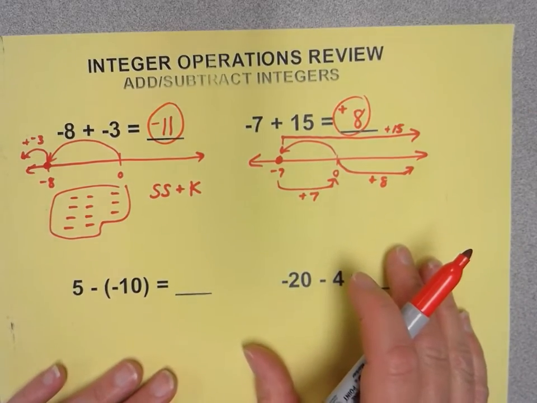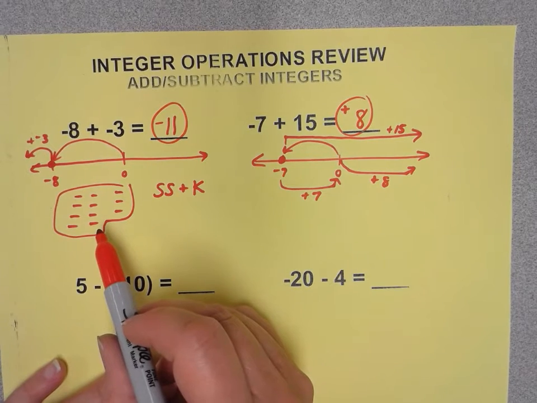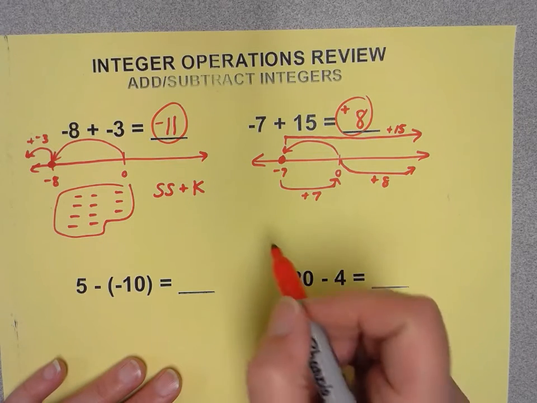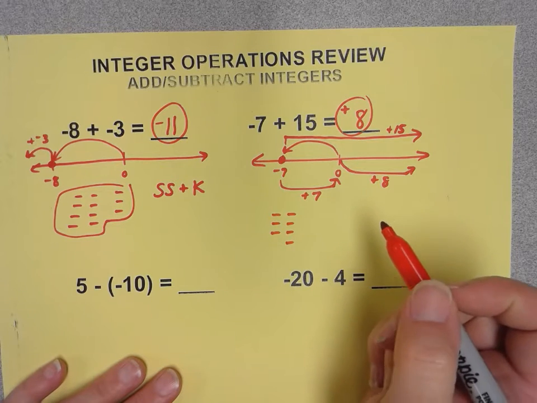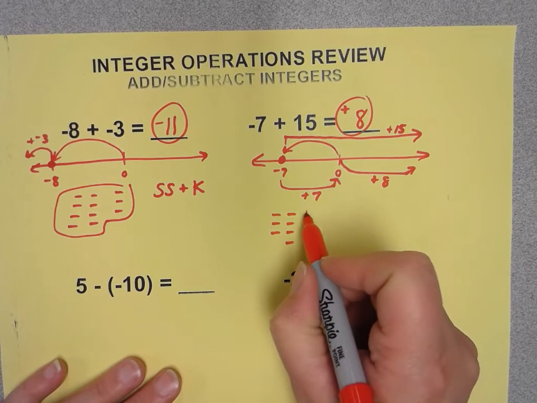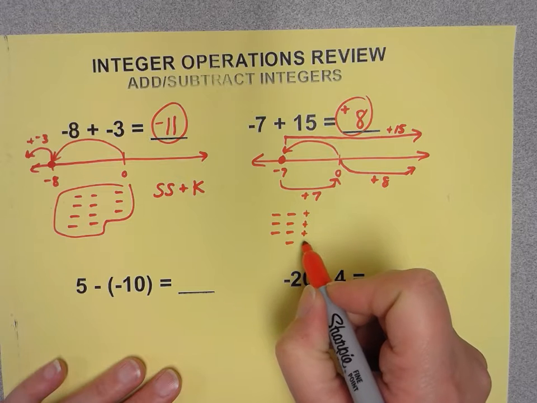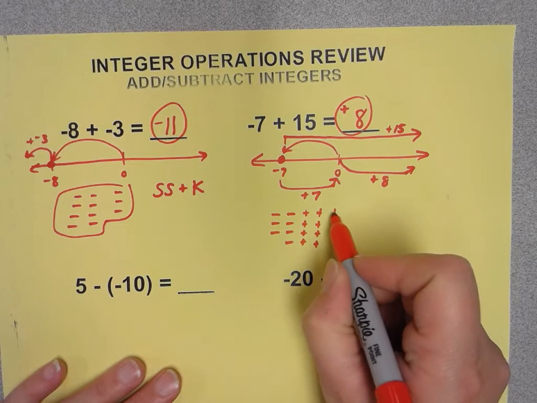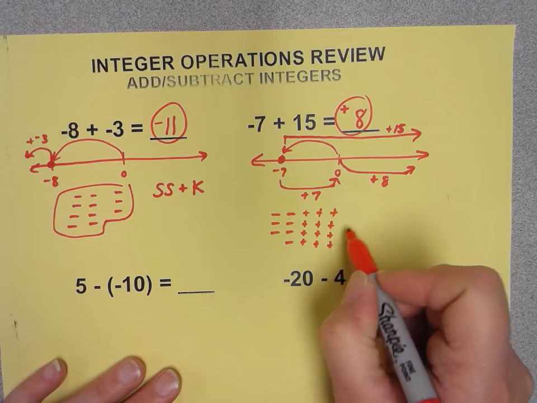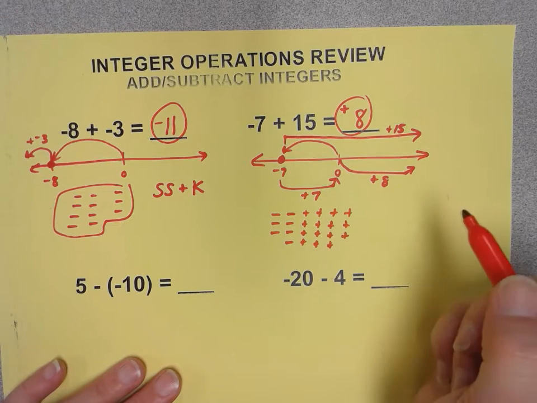We could actually use this idea of positives and negatives, kind of a pictorial approach. So I have 7 negatives, but along come 15 positives. 3, 4, 5, 6, 7, 8, 9, 10, 11, 12, 13, 14, 15 positives.